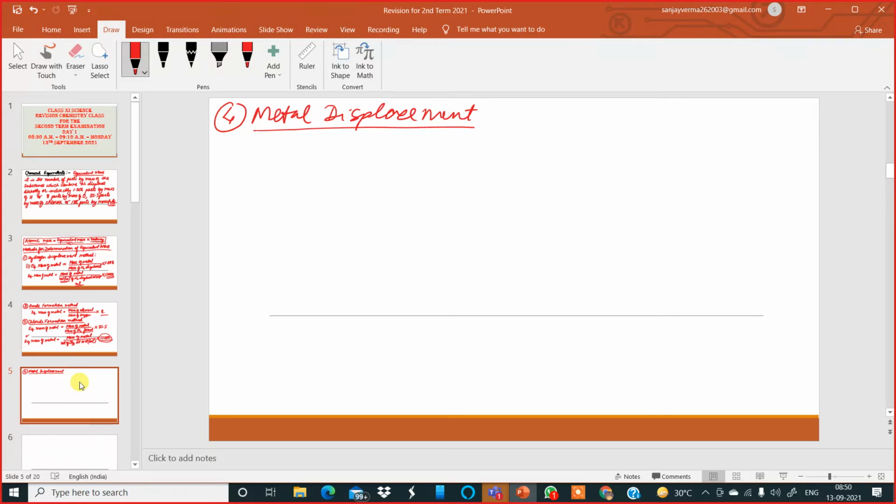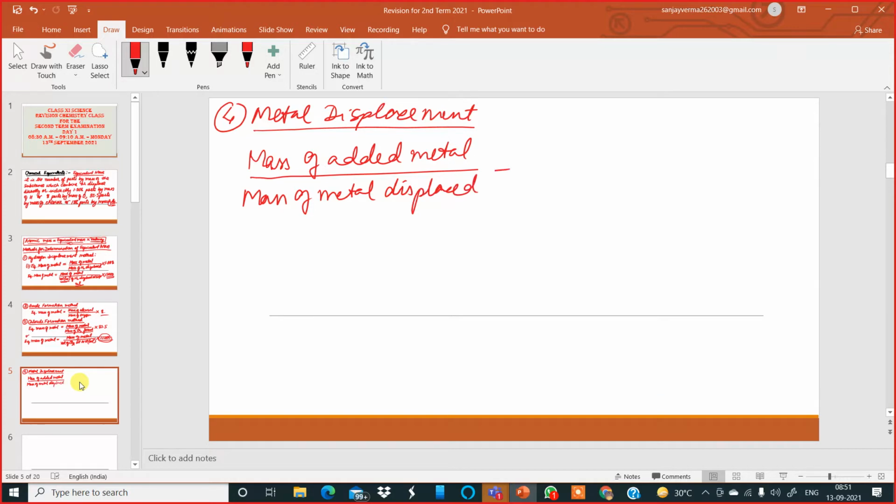Now, for number 4, the metal displacement method, the equivalent mass of the metal can be obtained by applying this formula: mass of added metal divided by mass of metal displaced is equal to equivalent mass of metal added divided by equivalent mass of metal that is displaced.